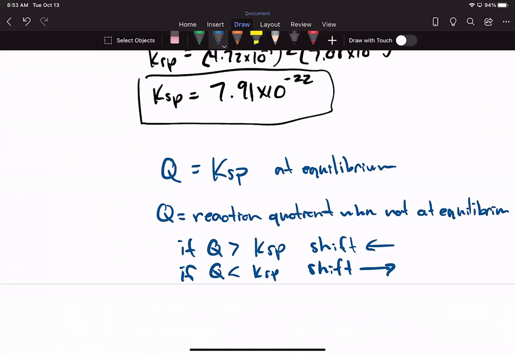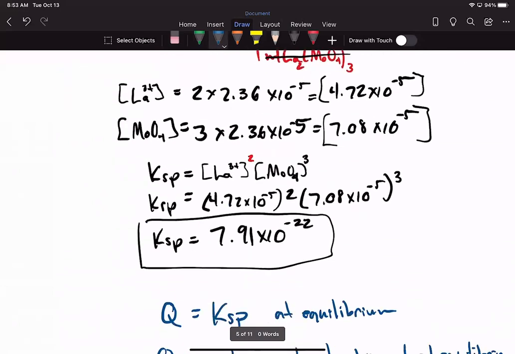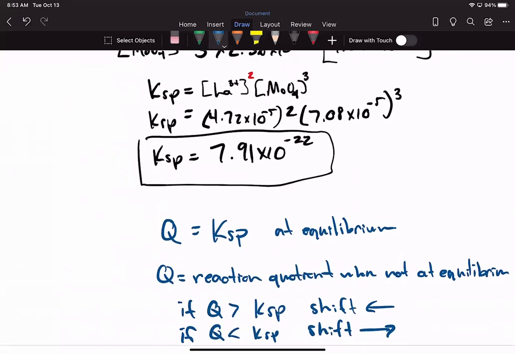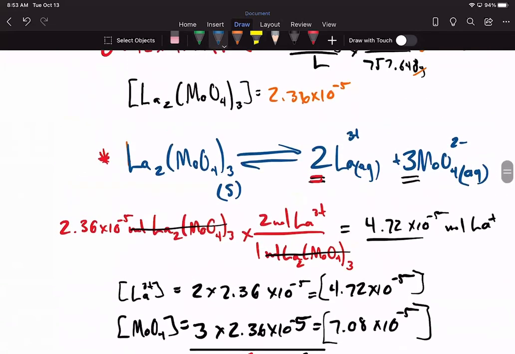Right? So if we're taking a look at our values here, we calculate Q the same way we calculate KSP, products over reactants. So when we have this shift, if Q is greater than KSP, we're going to have a shift to the right. And a shift to the right means that when we mix this, we're going to have a precipitate.